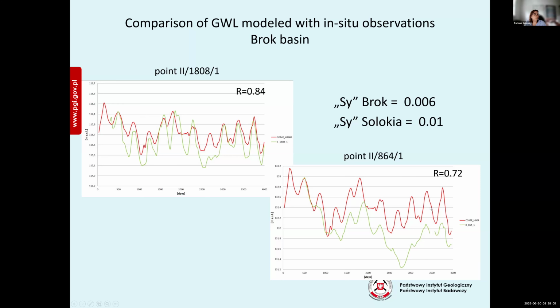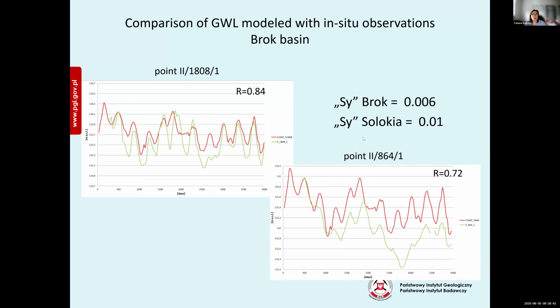It is important to note that in situ groundwater level measurements are used to estimate the specific yield characteristic for the catchment. These values are determined by successive approximations aiming to match the amplitude of modeled groundwater level fluctuations with those observed at monitoring points.